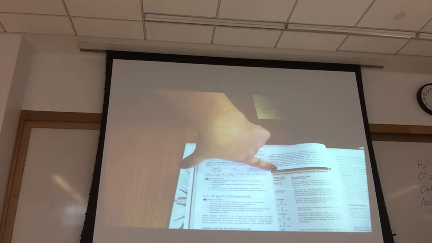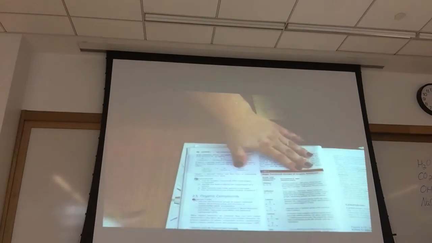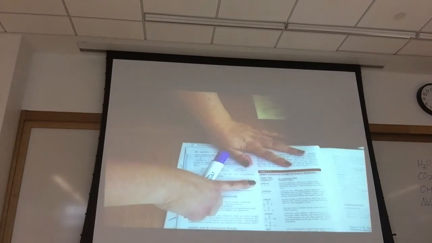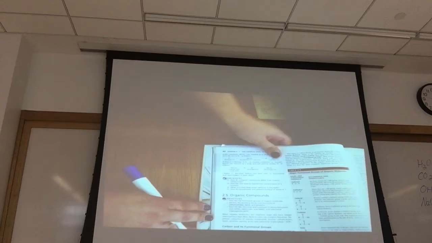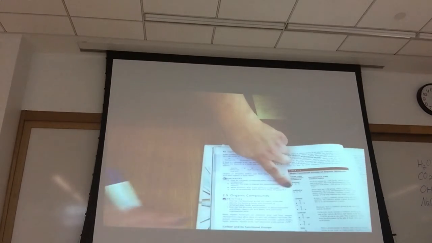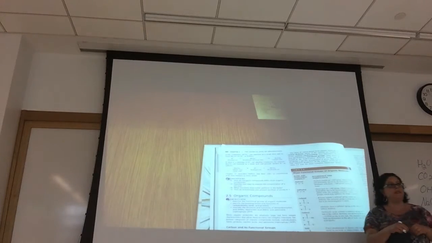Table 2.5, page 42. There's many functional groups listed here. You can see from each of the functional groups that there are essentially combinations of different atoms.